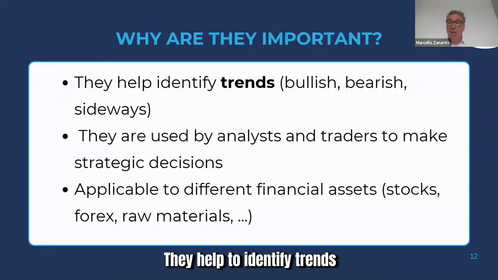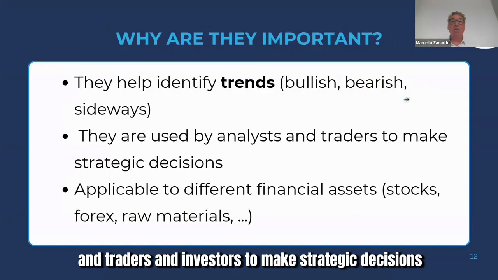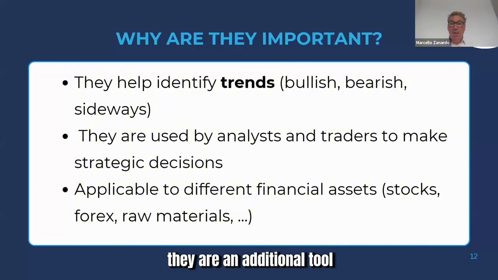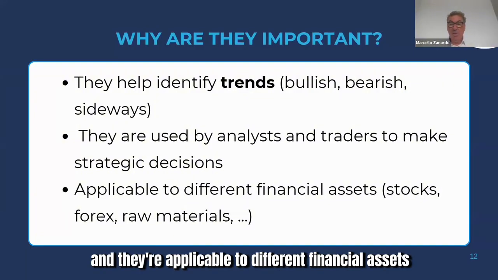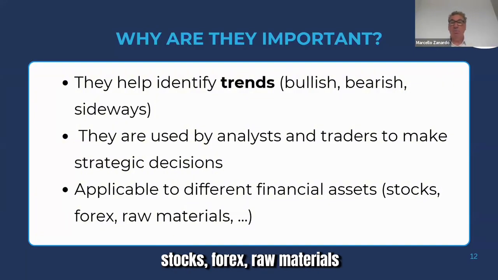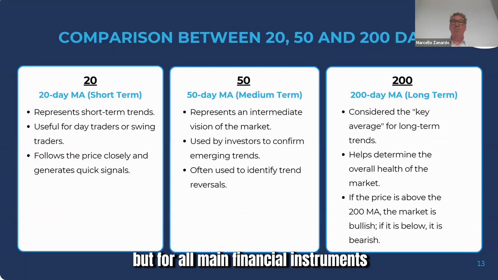They help to identify trends, bullish, bearish, sideways, and they're used by analysts and traders and investors to make strategic decisions. They are an additional tool and they're applicable to different financial assets: stocks, forex, raw materials. So you can use them not just for stocks, but for all main financial instruments.